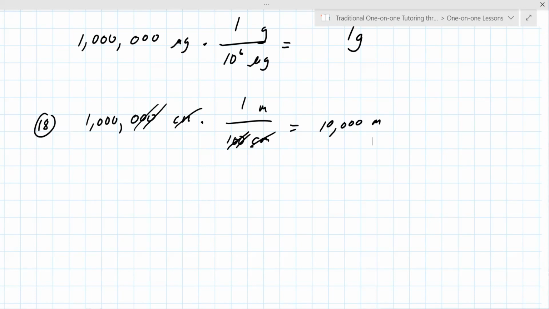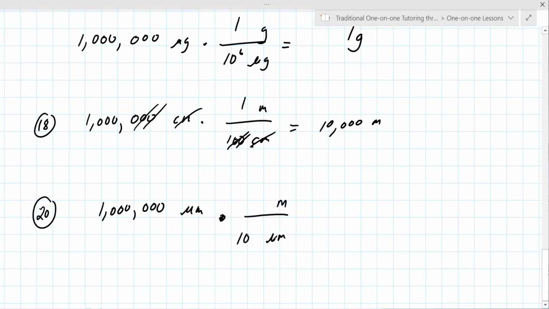Okay, 20 is 1 million micrometers to centimeters. Yeah, this is actually a good one to do, because if you have your table here, you can go directly, but I always prefer going to that base unit.